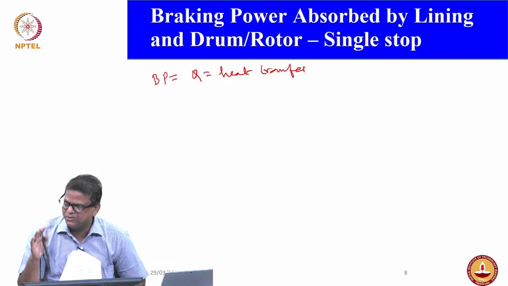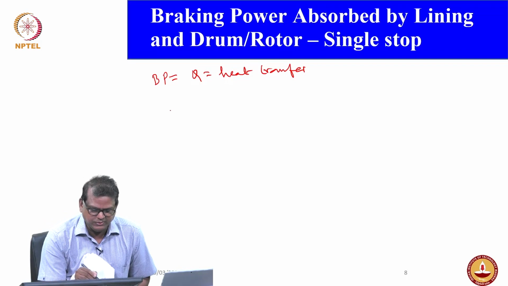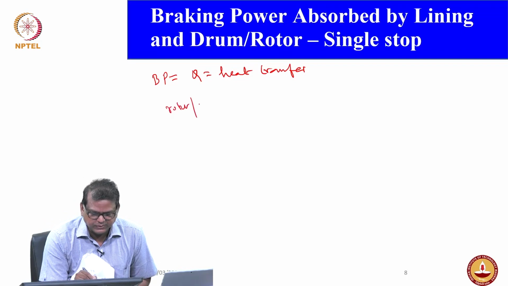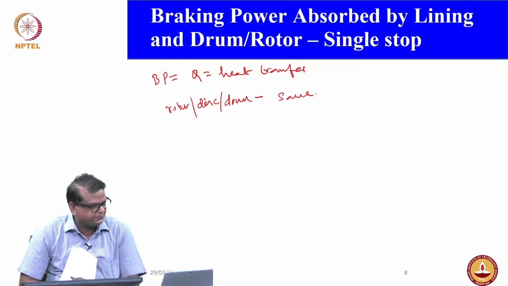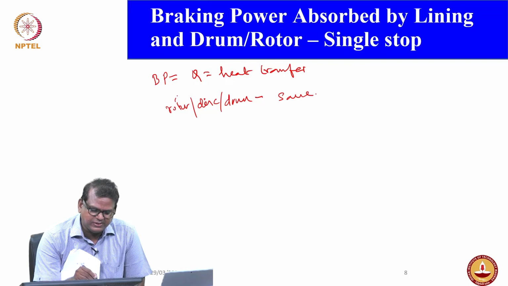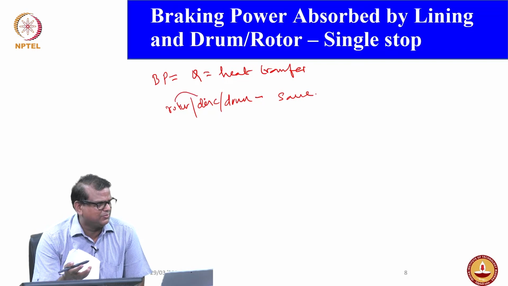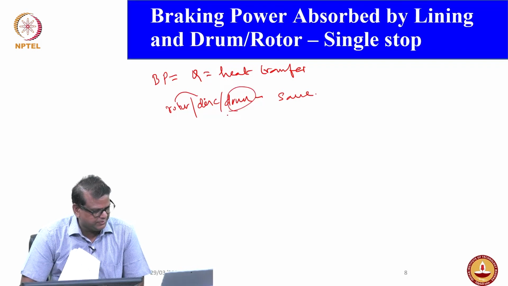Whatever analysis we do between the brake lining and the rotor or drum is valid for both. Rotor or disc are the same thing, interchangeable; disc is for the disc brake aspect, whereas drum is for the drum brake aspect.